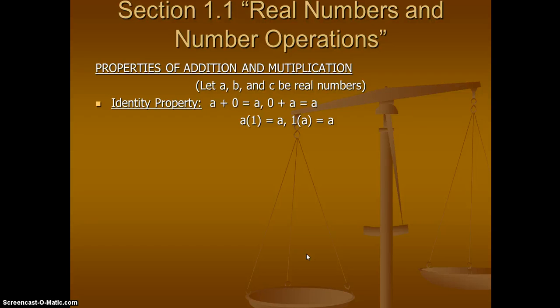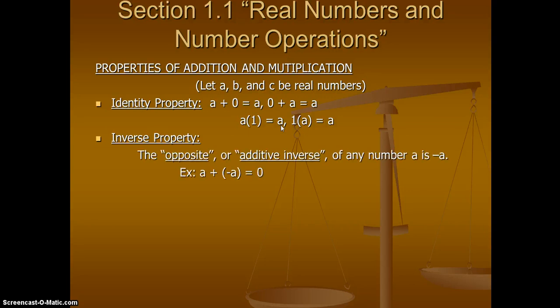Also, there's an identity property where any number plus 0 is that same number. And there's a multiplication identity property. Any number times 1 is that number. There is an inverse property. There are actually 2 inverse properties.